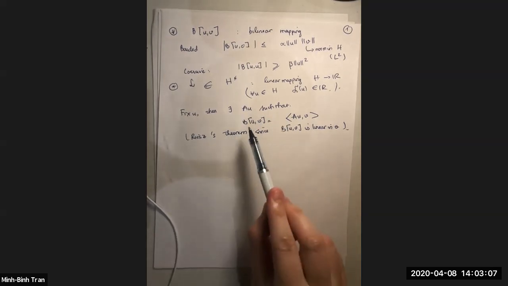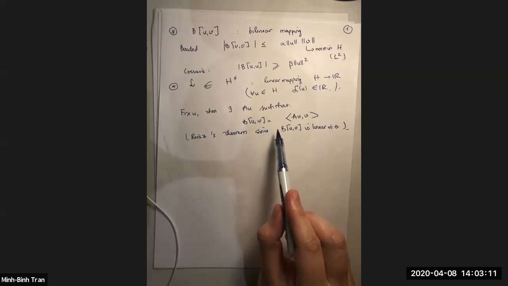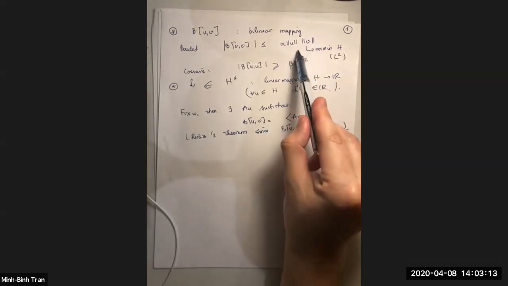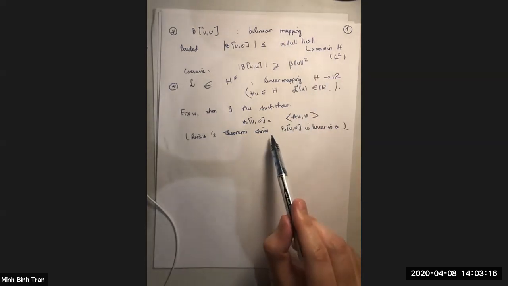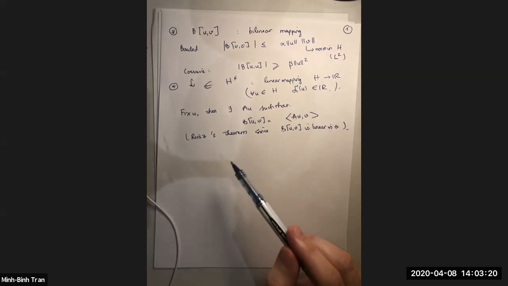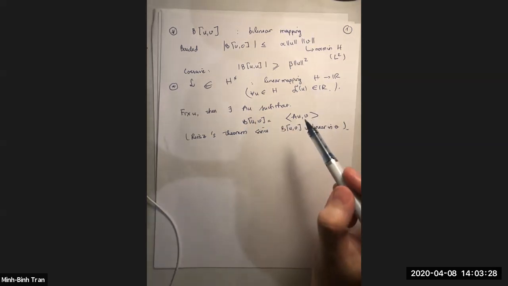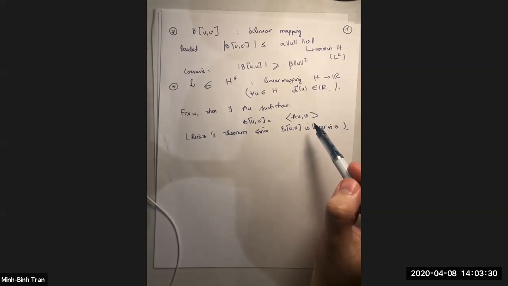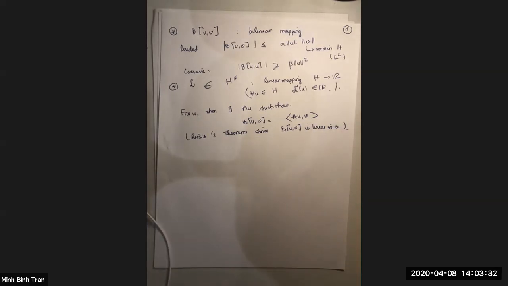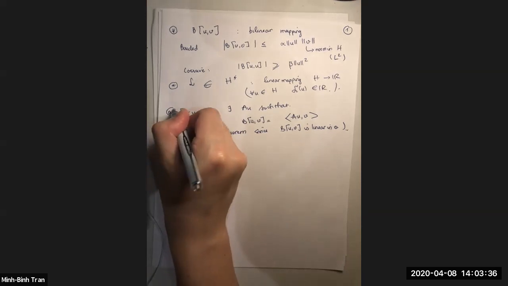But first, we suppose that u is fixed, and this is linear in v, and because of the boundedness of B, this is also a bounded linear operator in v. So you can use the Riesz theorem to conclude that there is this Au such that B(u,v) is equal to the inner product of Au and v. This is the first thing that we prove.